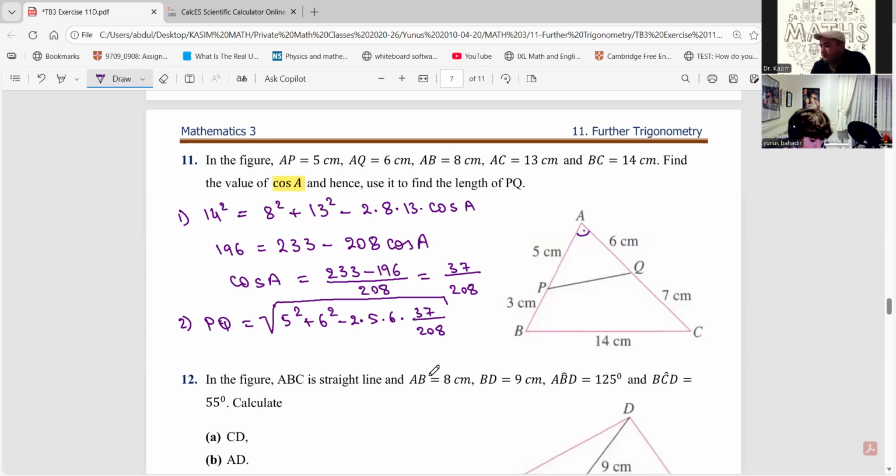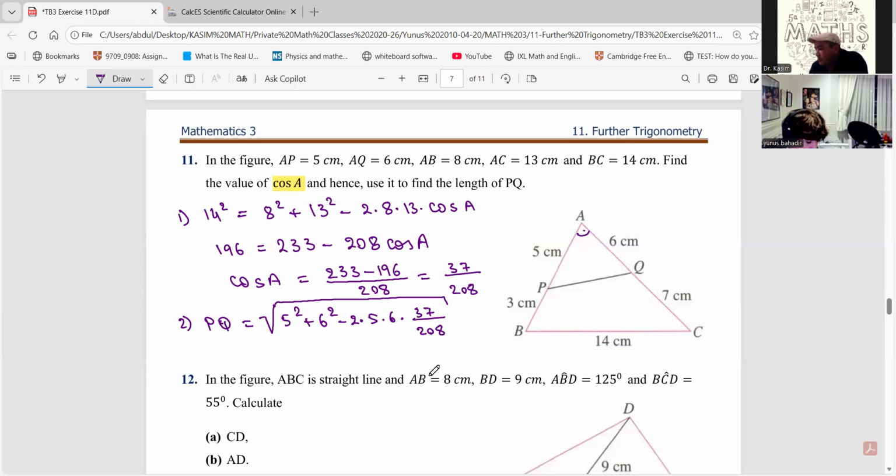What is that? 5 squared 25, 6 squared 36, minus 2 times 5, 10, 10 times 6, 60, multiplied by the fraction. I got 7.2.